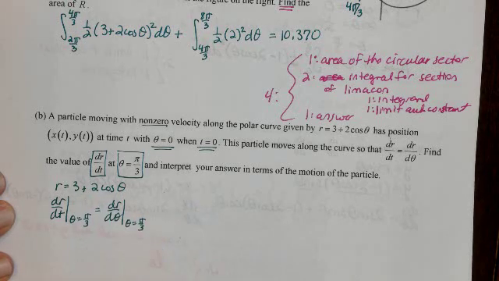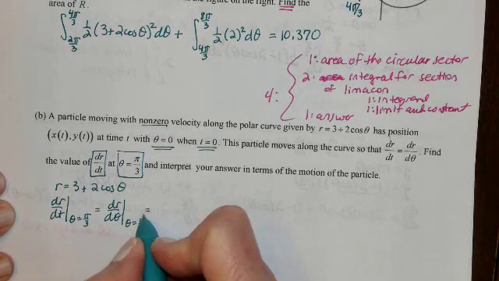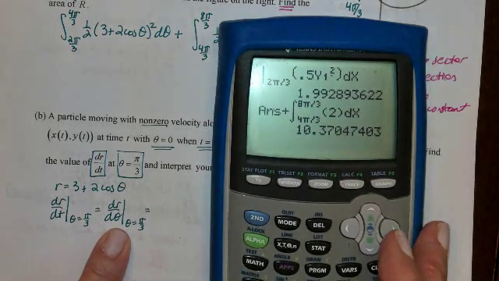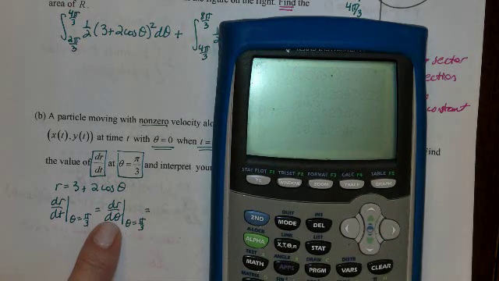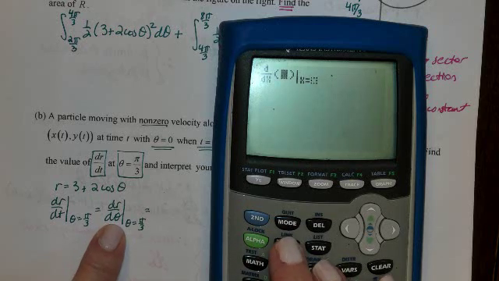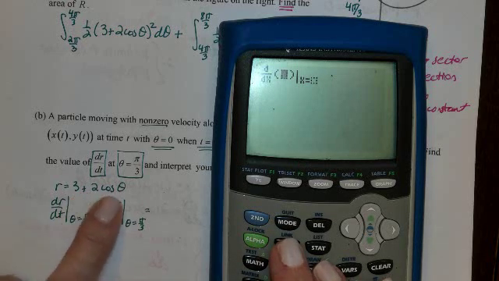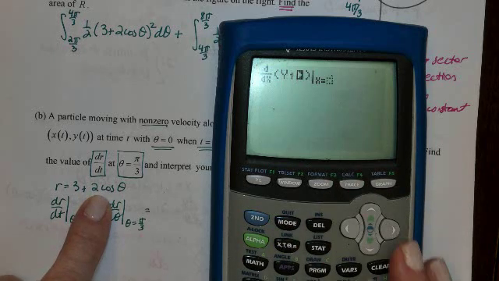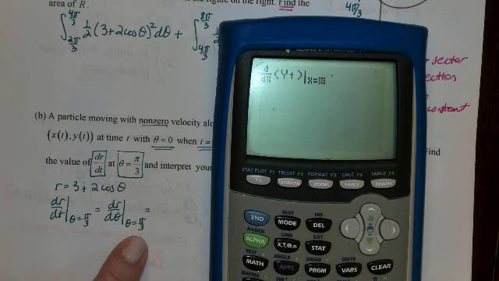That's something I can find in my calculator right now. Dr d theta, so math 8 for derivative. My x is theta, and this is what I have stored in y1, so y1 evaluated at pi over 3.